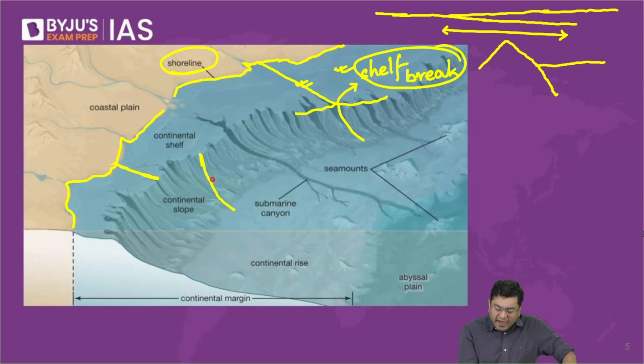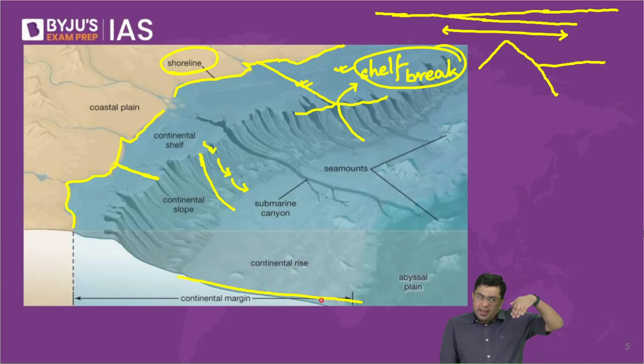Now, as the sea waves carry out their action, and basically the sea water also ends up moving. So as a result of this motion, you will have many of the materials which start dropping down this slope. And when these materials drop down the slope, they eventually get deposited.